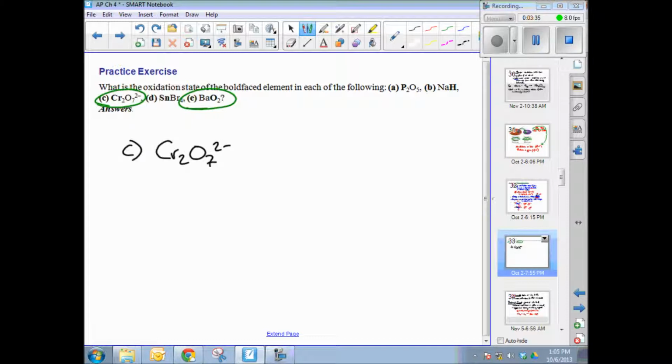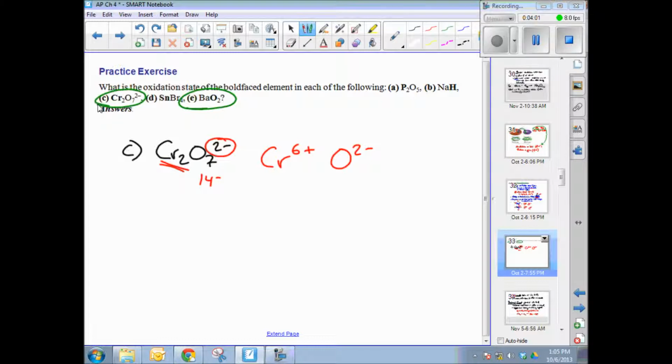And again, oxygen, let's assume it's a 2-. So overall, we're getting 7 2- or 14-, but 12 of those 14 have been used up by something. That must be the chromiums, and there are 2 chromiums making 12 pluses, so that each chromium is a chromium 6+, and each oxygen is a 2-. So overall, the charge still stays 2-.